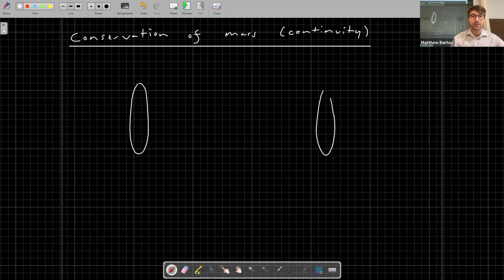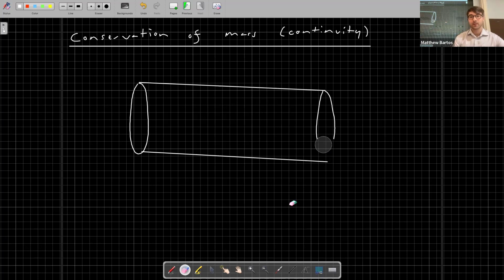But we'll talk a little bit about how this simplifies in the case where the pipe is flowing completely full. Okay, so there is the profile view of the pipe. And I'm going to draw a cross section of the pipe as well.